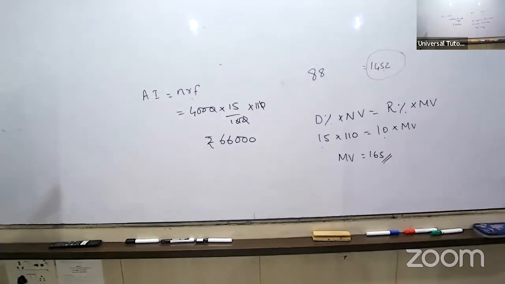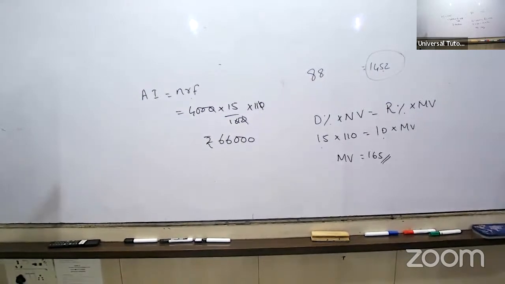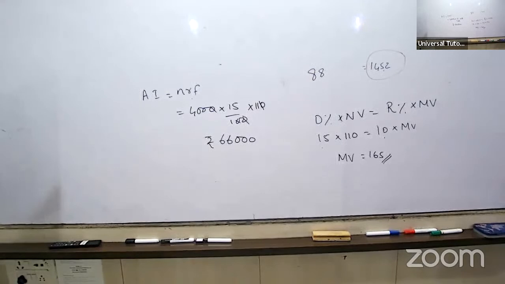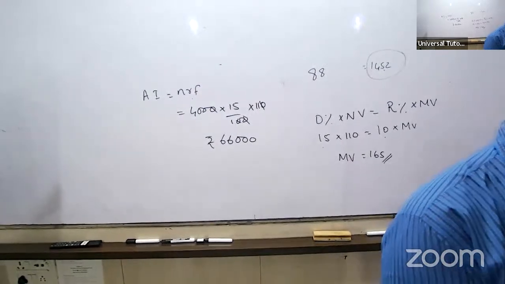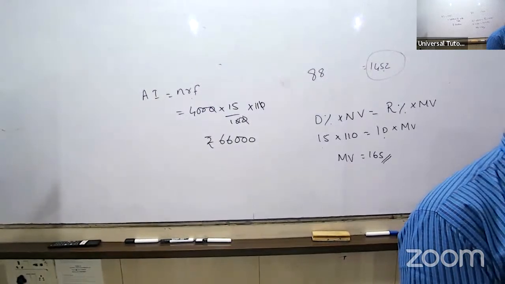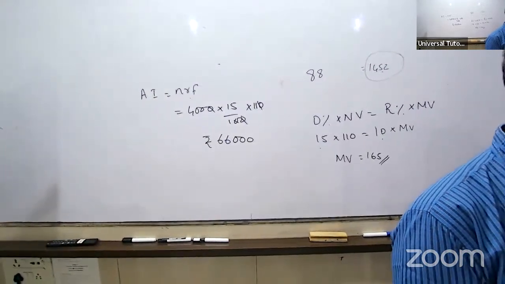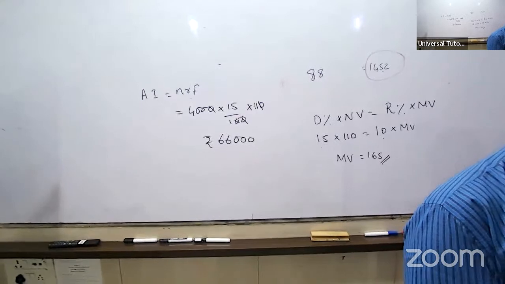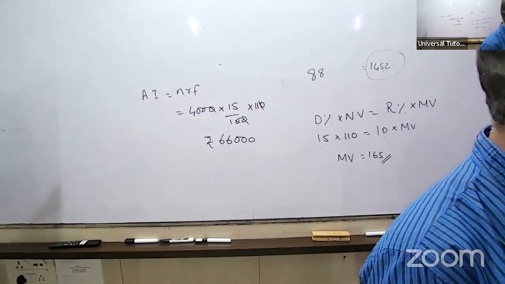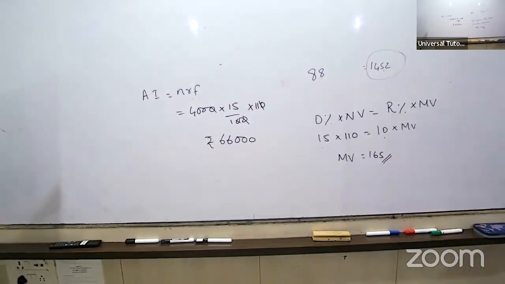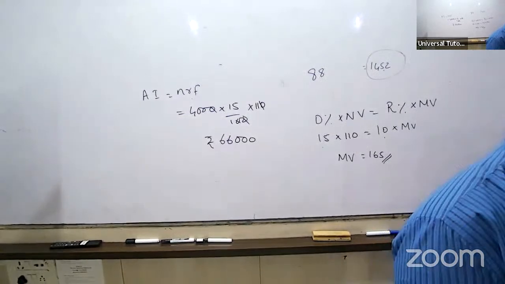Values all are given. Investment value of A and B is how much? 18,000. For A, what is the 7.5%? Rate of dividend. What is this 100? Face value. What is this 20%? Discount.